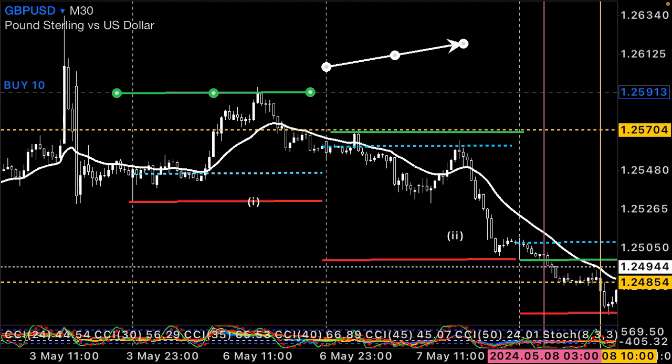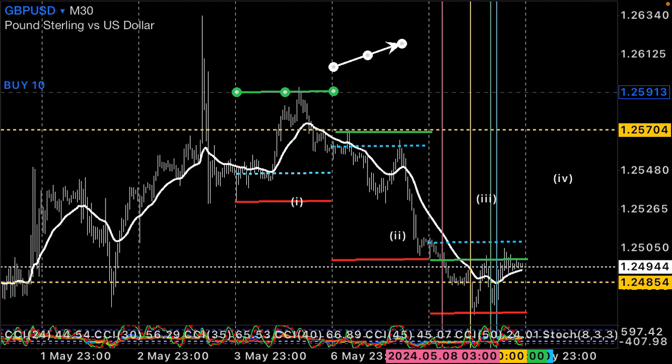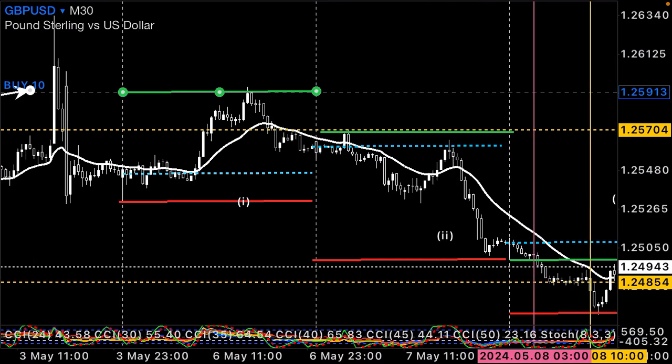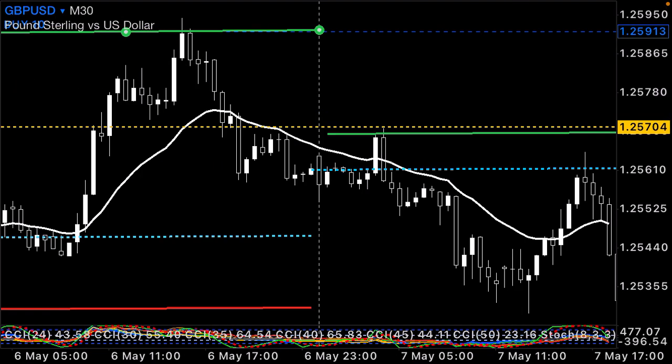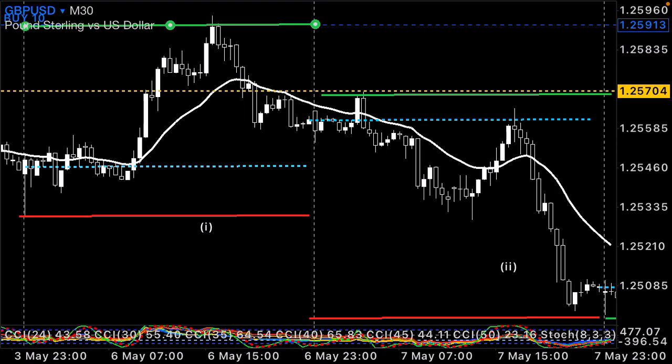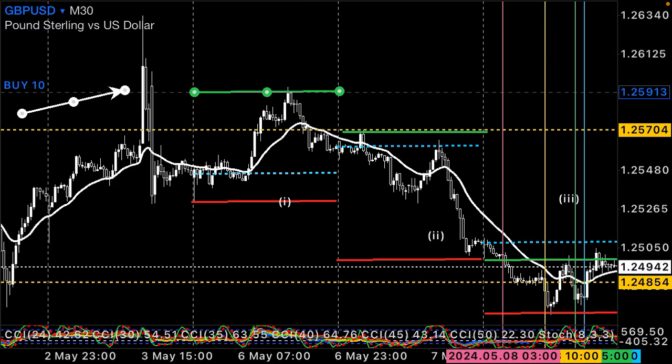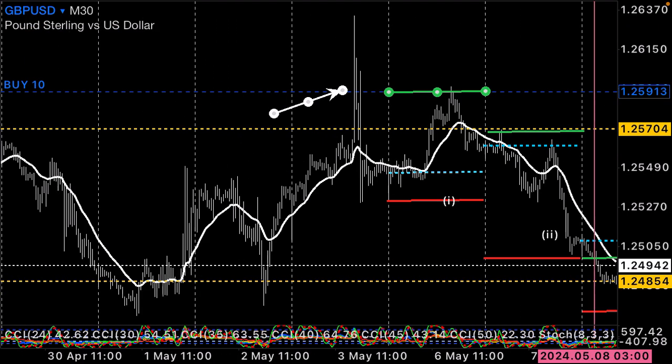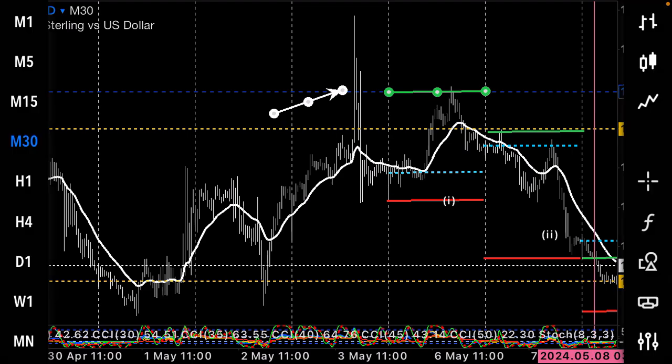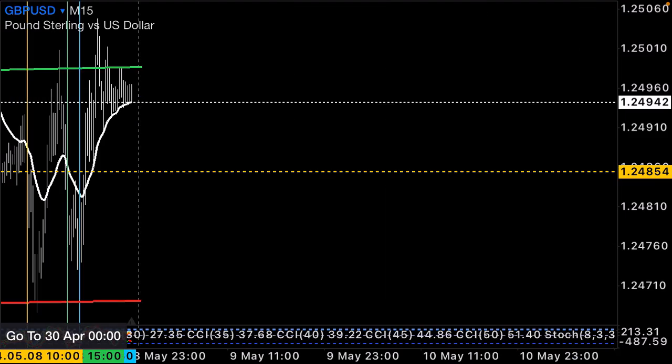That's perfect. Move it over a little bit. Now it won't fucking shut off. The arrow shuts on and off. Let's go to the 15 minute.